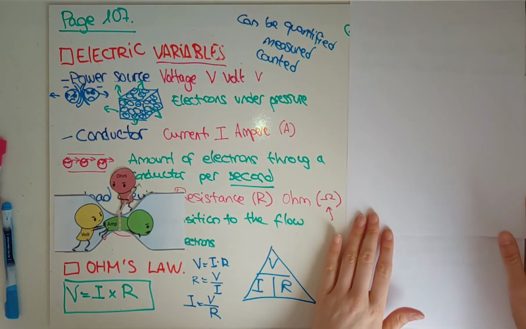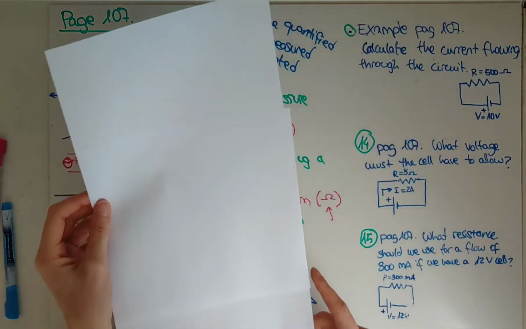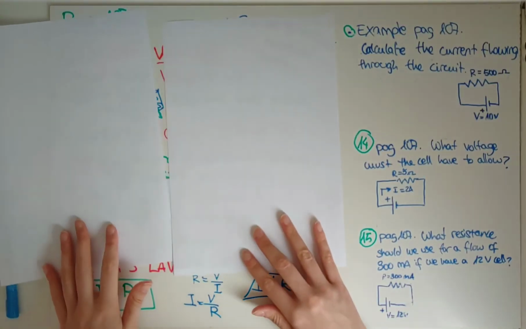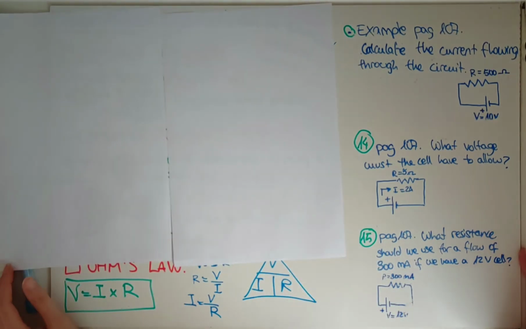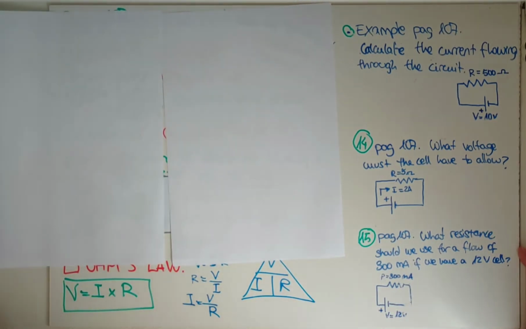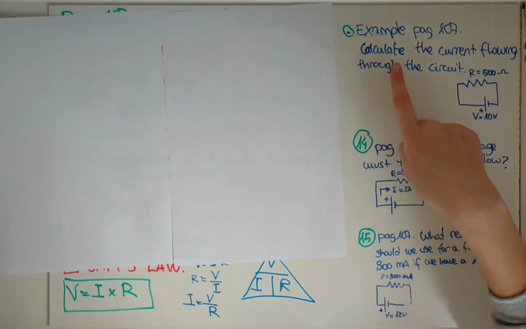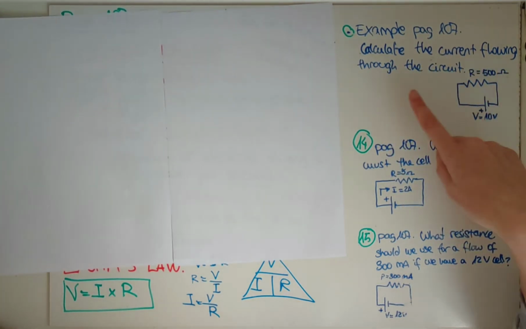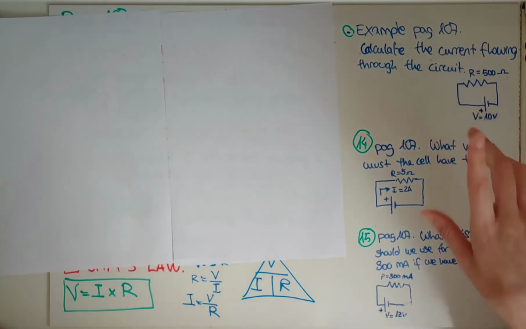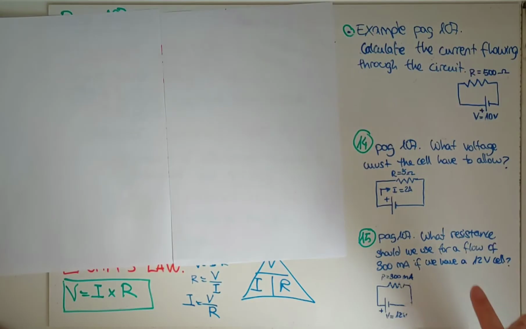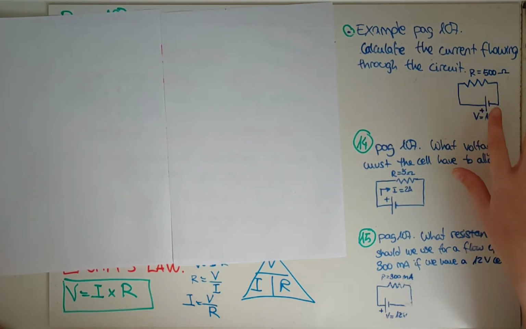Let's practice this with the examples from page 107. The example is: calculate the current flowing through the circuit, okay? The instructions to do this type of exercise are: first, I draw the electric diagram, okay?